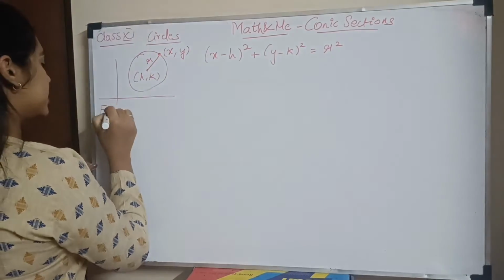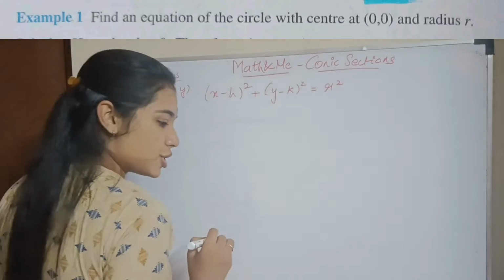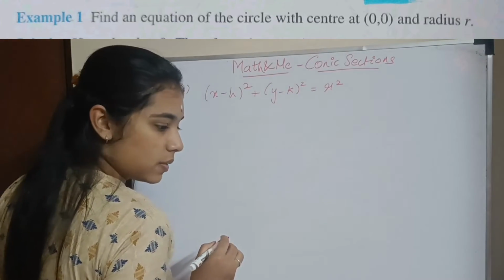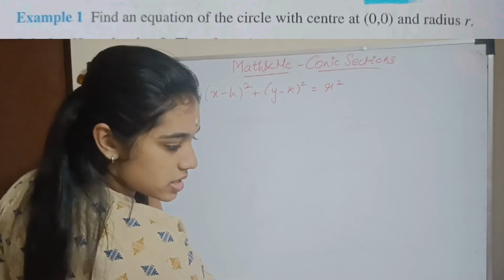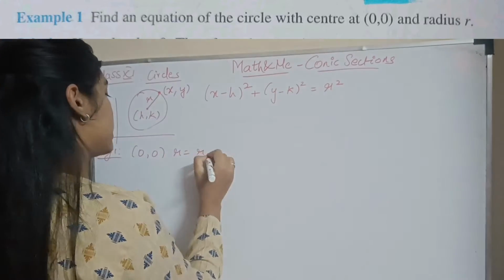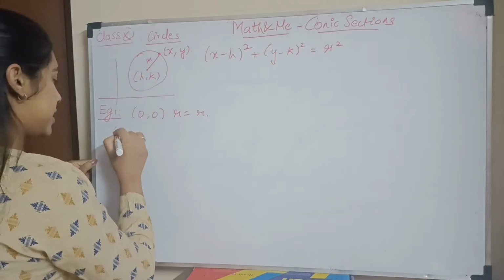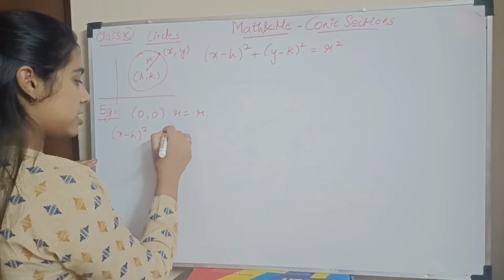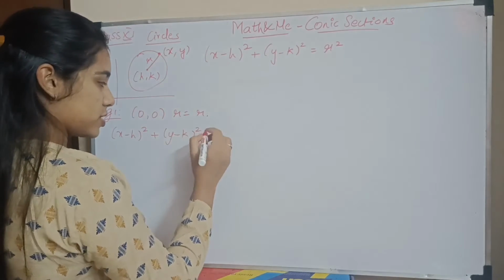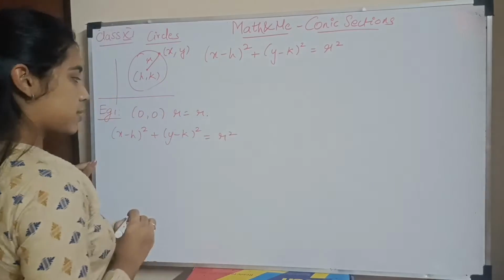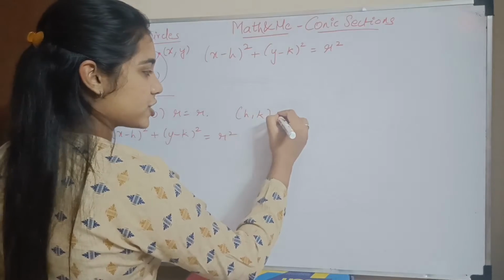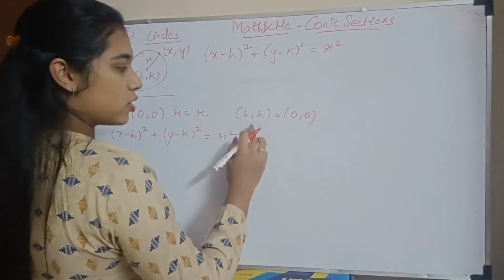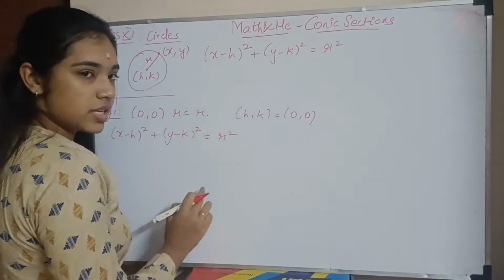Example 1: find the equation of the circle with center 0, 0 and radius r. What is your general equation? (x minus h) the whole square plus (y minus k) the whole square equals r square. Your center is h, k, which is 0, 0, so h is 0 and k is 0.